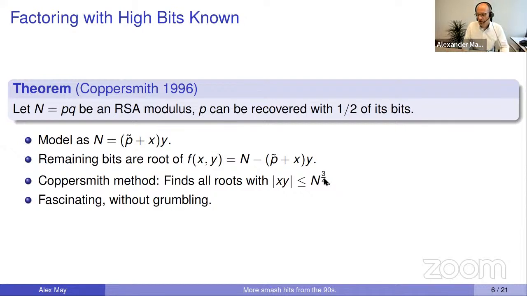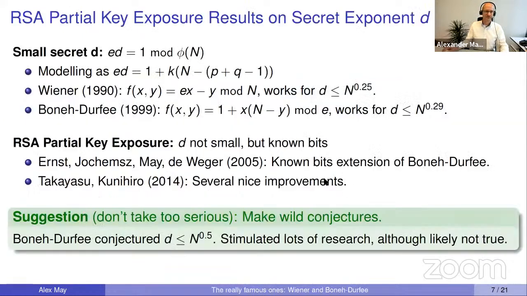Okay, but if you think of partial key exposures, then usually in RSA you do not leak bits of P. If you think of real cryptanalysis, you would work with the secret exponent D, and there are also plenty of results for the secret exponent D in RSA.